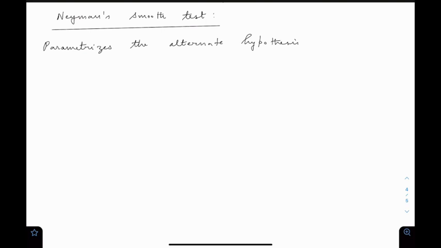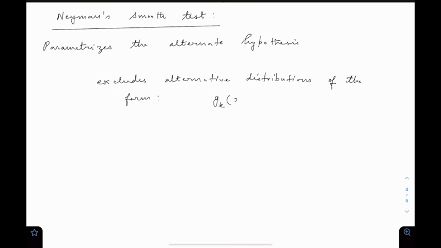The smooth test excludes alternative distributions of the form g_k(z) = sum over i equals 0 to k of theta_i pi_i(z). Theta_i are the parameters and pi_i(z) are the modified orthogonal Legendre polynomials.